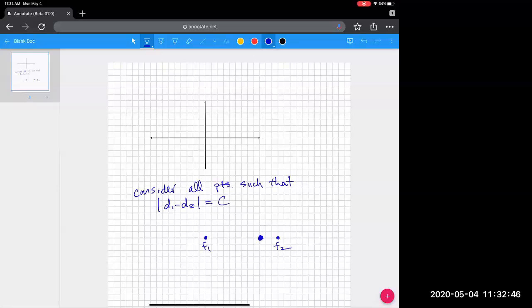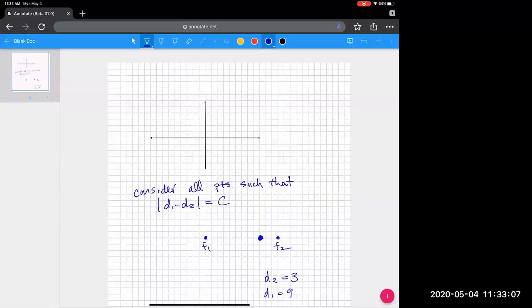So if I'm at this point, then D2 is equal to 3. And D1, something I have to count, is equal to 9.